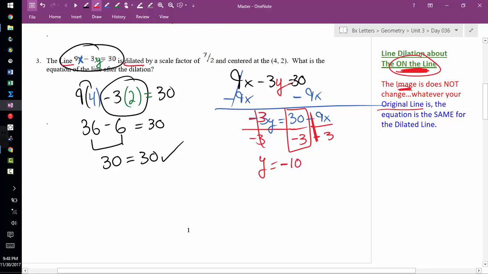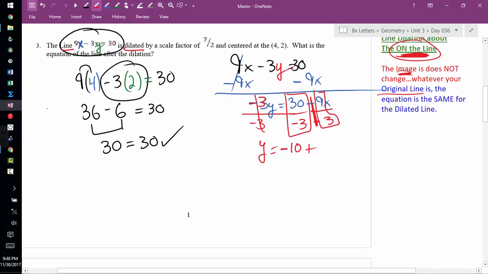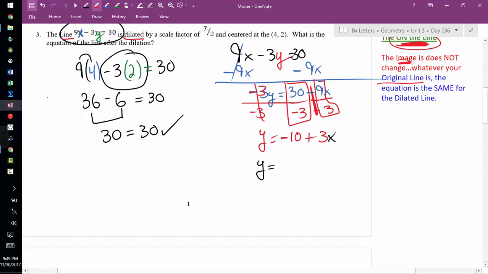And these negatives are going to cancel out, and I'll get a positive. Now my slope is 9 divided by 3, or in other words, 3, and there's the x term. So in slope-intercept form, you have 3 as a slope, because it's attached to x, and then that minus 10 is your y-intercept.